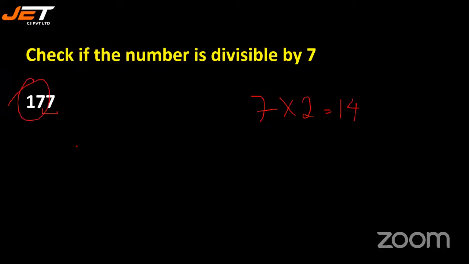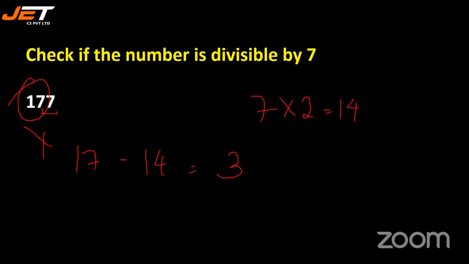The remaining number is 17. 17 minus 14 is 3. So this is not a multiple of 7. That means 177 is not divisible by 7. So that's what we have done for the divisibility rule of 7. That's how you have to check divisibility by 7.